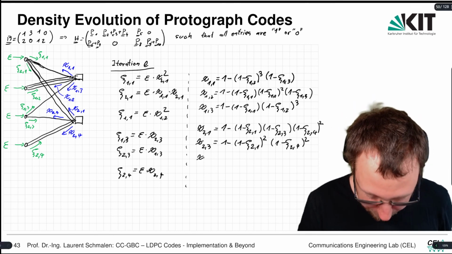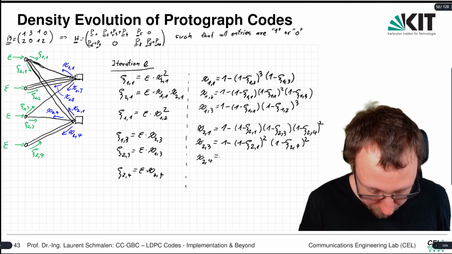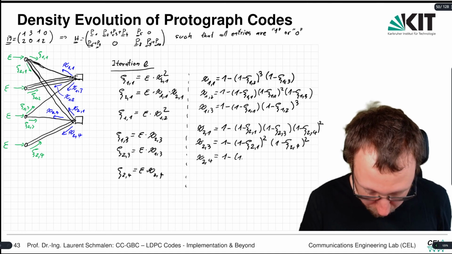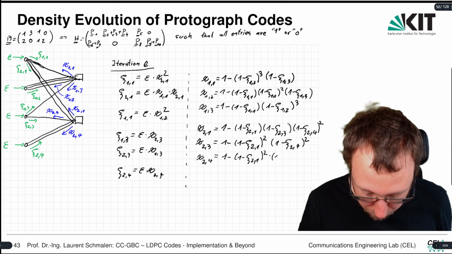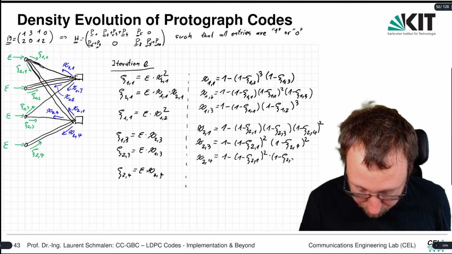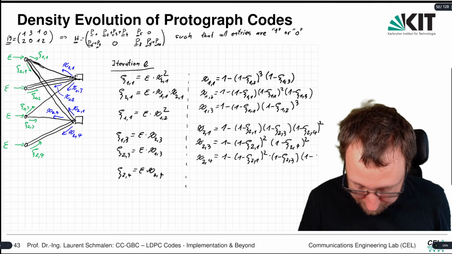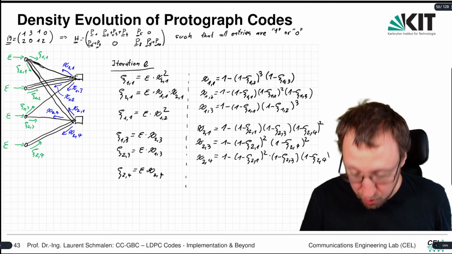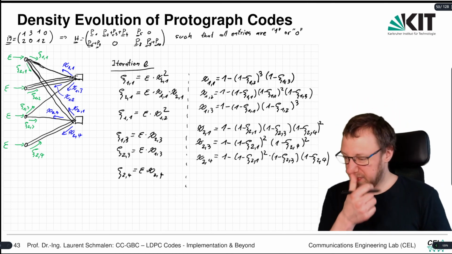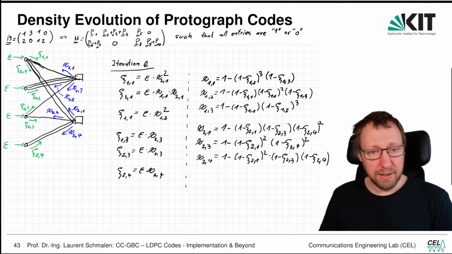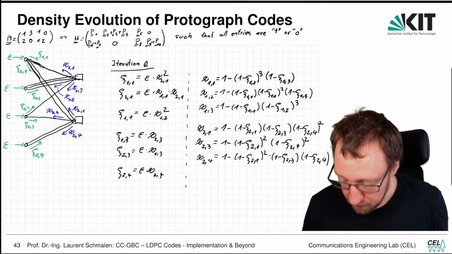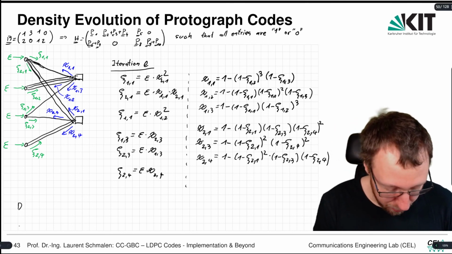And finally, we have chi24, which is 1 minus C21 squared times 1 minus C23 times 1 minus C24. So that's it. And now we can say decoding is possible.